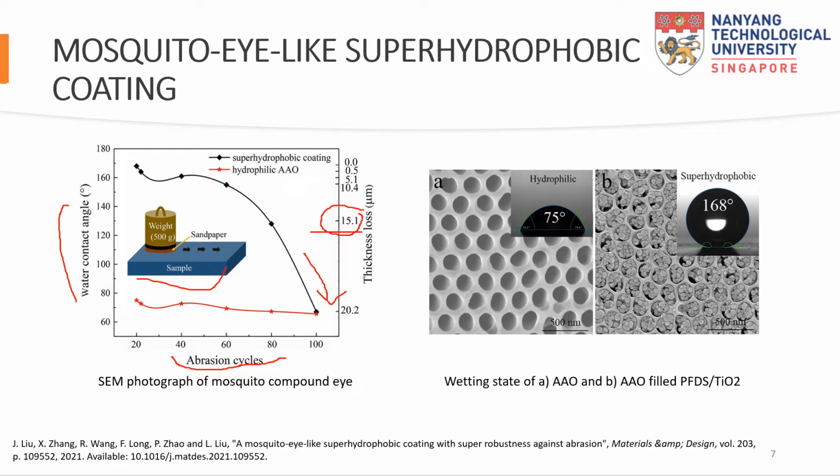The reason is that the filler PFDS titanium dioxide only fills the sample up to a depth of 15 micrometers, meaning more loss than that value will result in this filler diminishing and we will only have the AAO here.